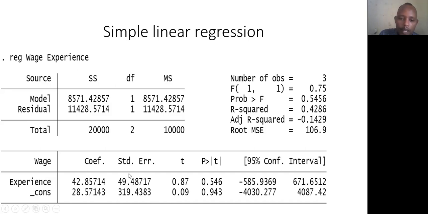Generally, as a thumb rule, if half of the coefficient or parameter is lesser than the standard error, at that time we accept the null hypothesis. For example, half of this is around 21. That is lesser than the standard error. At that time we accept the null hypothesis: experience has no influence on wage.